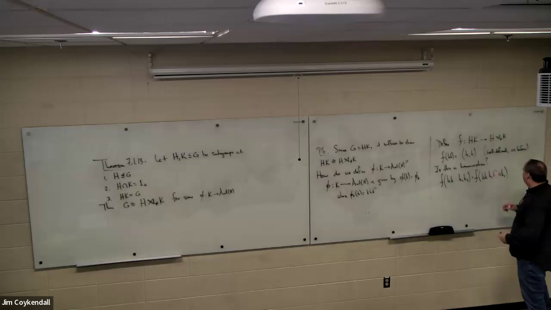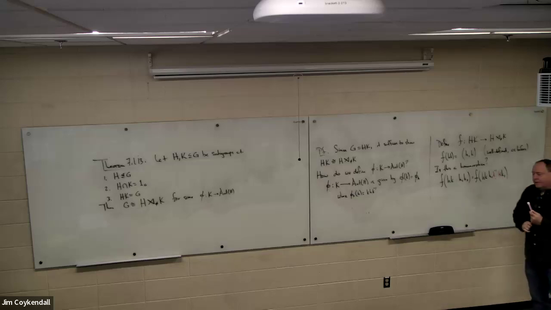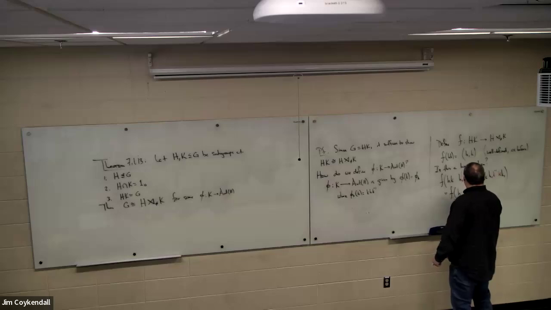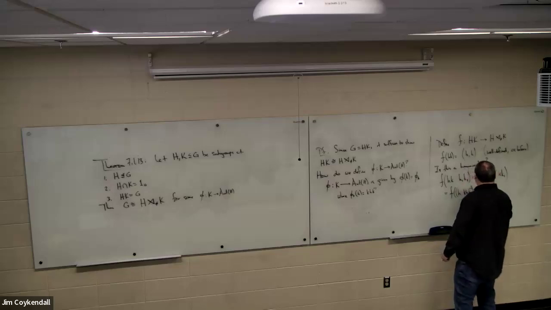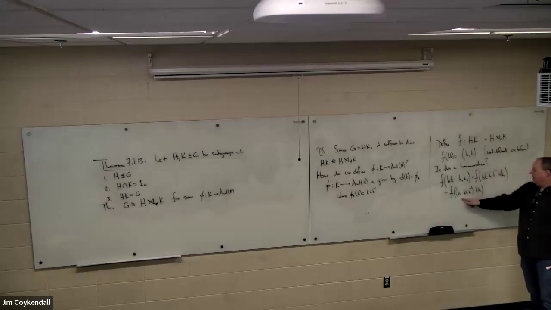And that's why I get the other two. These two vanish. Everybody okay with that? So this is, for emphasis, f of h and then k h1 k inverse times k k1. This blob is in H because h1 is in H and H is normal, so that's in H. And this is in K, right?